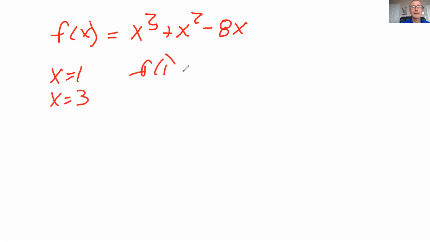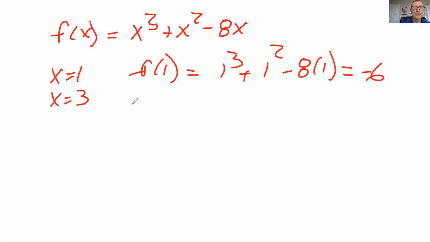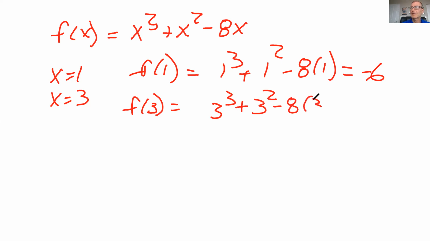F of 1 equals 1 cubed plus 1 squared minus 8 times 1. And you would see that would give you minus 6. And then f of 3 would give you 3 cubed plus 3 squared minus 8 times 3.